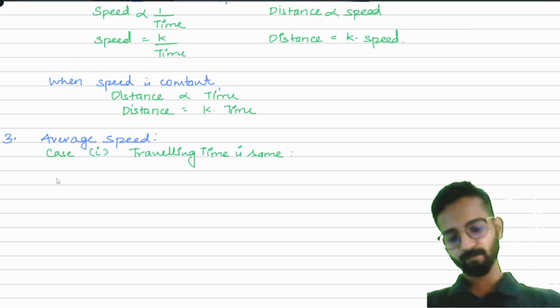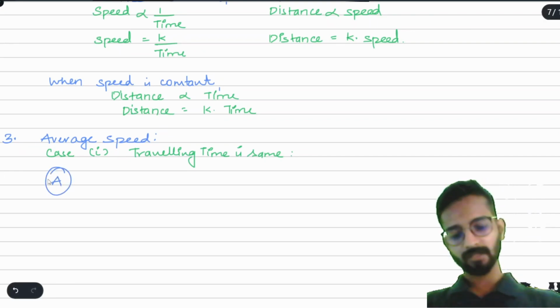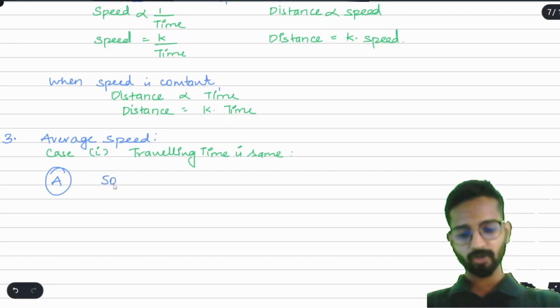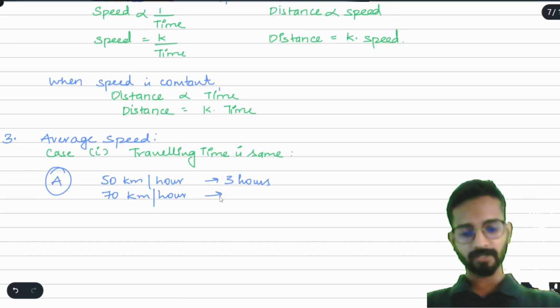For example, A is driving a car, and he drove at 50 kilometers per hour for 3 hours. And then he drove at 70 kilometers per hour again for the next 3 hours. Okay.